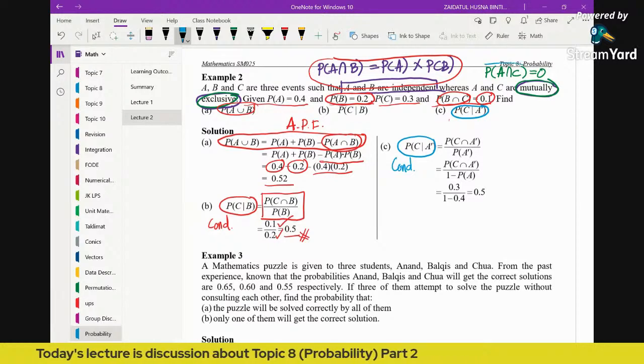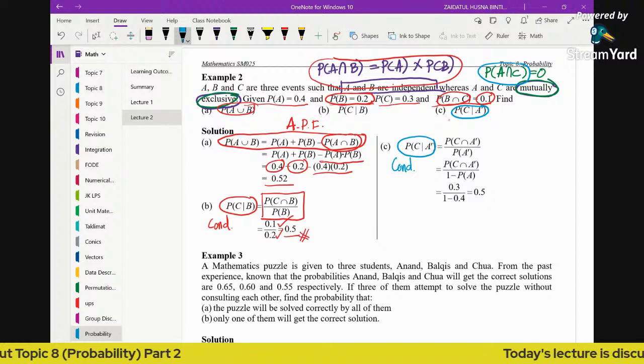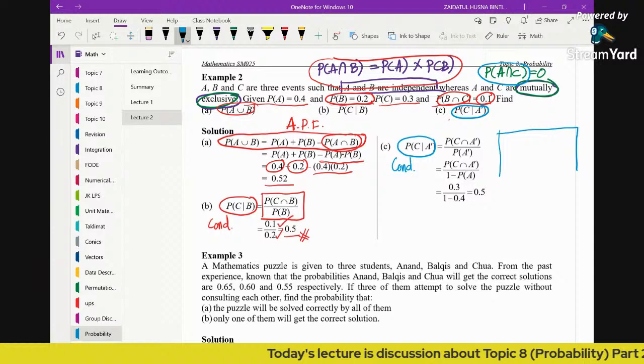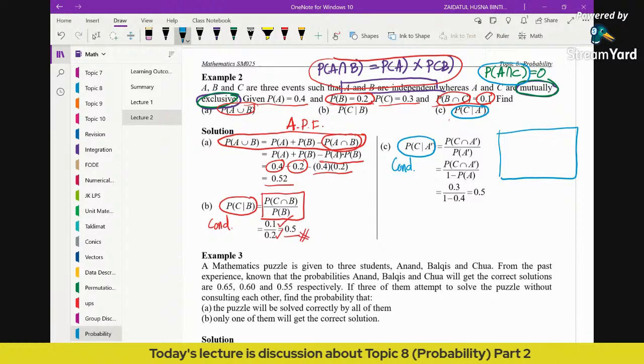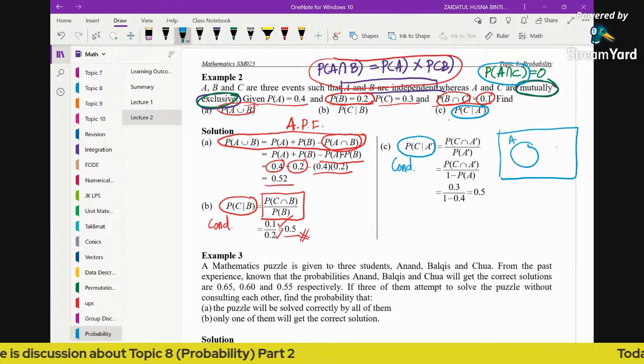A and C are mutually exclusive, which means the intersection will be zero. If we try to draw a Venn diagram, if A and C are mutually exclusive, there's no intersection between them.